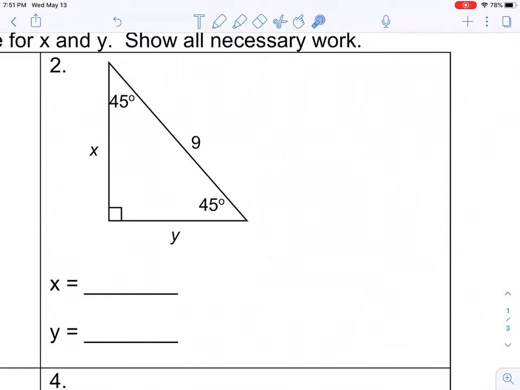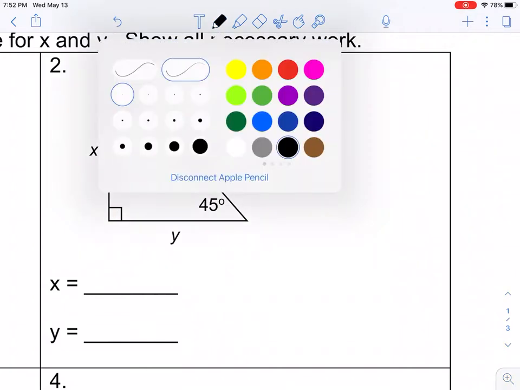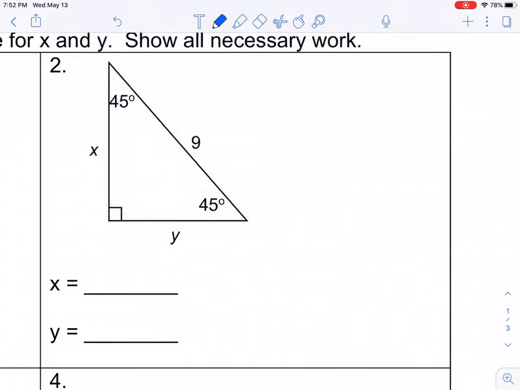So number 2, we're working with a 45, 45, 90. And the relationship here is that each of these sides, each of the legs, are the length u, and our hypotenuse is the length u rad 2.